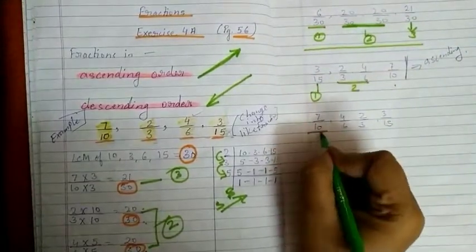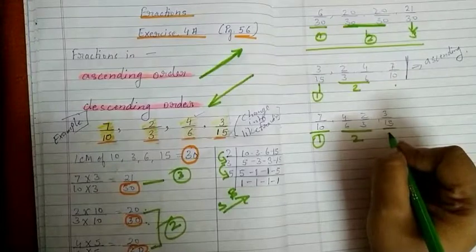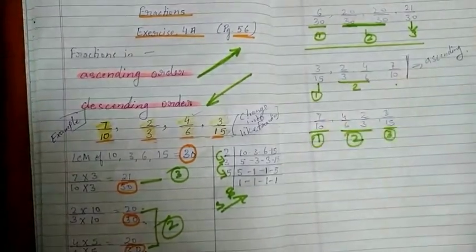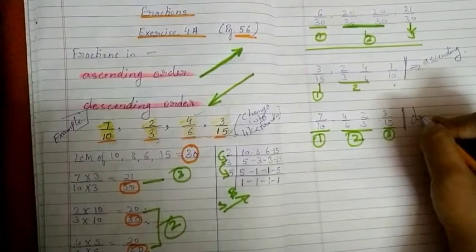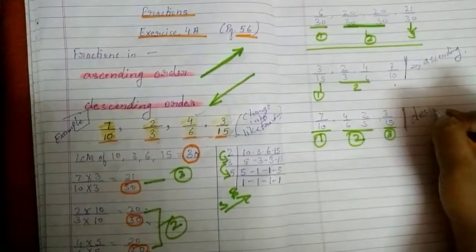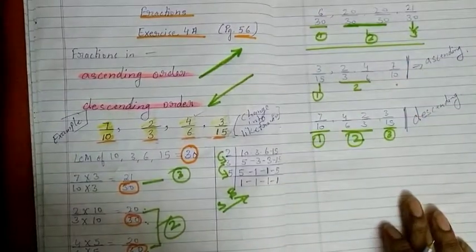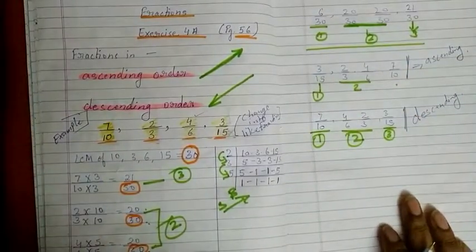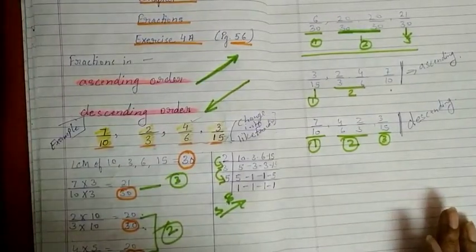So this will be 1, this will be 2 and this will be 3. So this is descending, biggest to smallest. So this is how, children, we compare fractions. I believe it is clear to you all. Thank you.